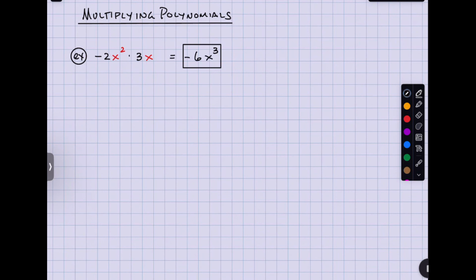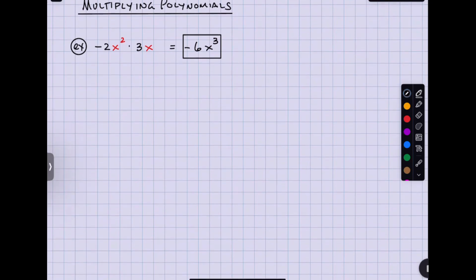So negative 2 times 3 is negative 6. And then when I have x squared times x, same base, different powers, we add the powers. Are we okay with that? So that is called a monomial times a monomial, meaning a single term times a single term.